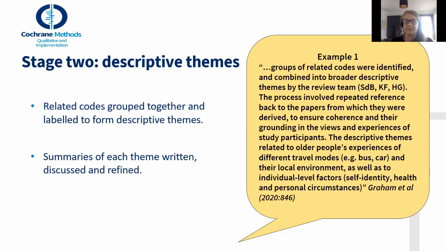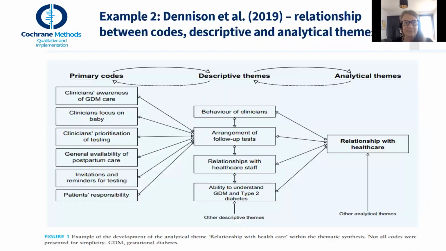And they tell us that this wasn't necessarily a linear process. They went back to the papers to ensure that the themes that they were forming were coherent and grounded in the views and experiences of the study participants. And then they tell us that the descriptive themes related to, for example, older people's experience of different travel modes, their local environment, as well as individual level factors. Next slide, please.